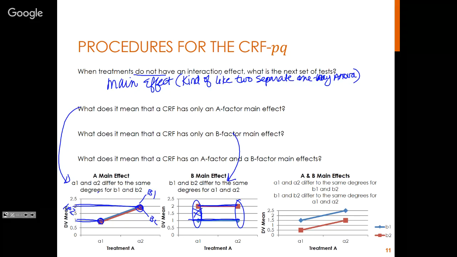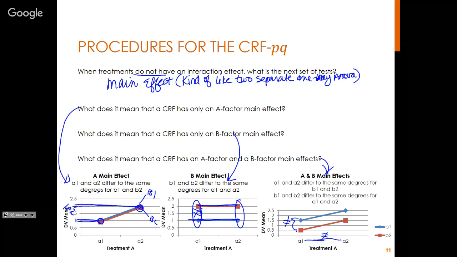The last one is where we have both an A main effect and a B main effect. So both of these factors are changing at the different levels. A1 is different from A2, and B1 is different from B2, but the changes that we see in each of those are the same at all levels of the other factor.